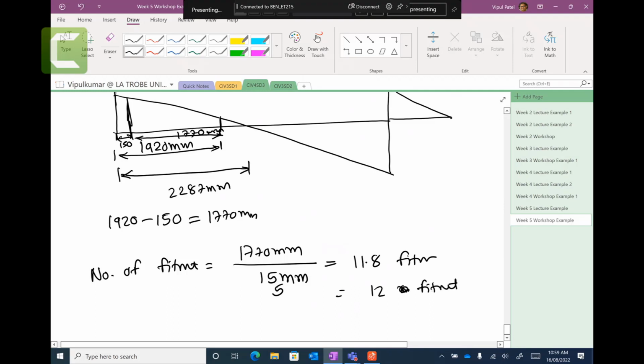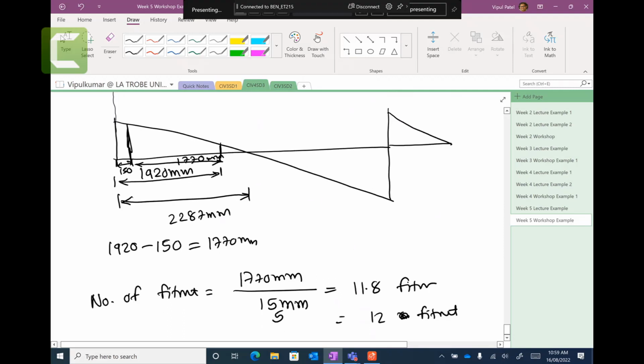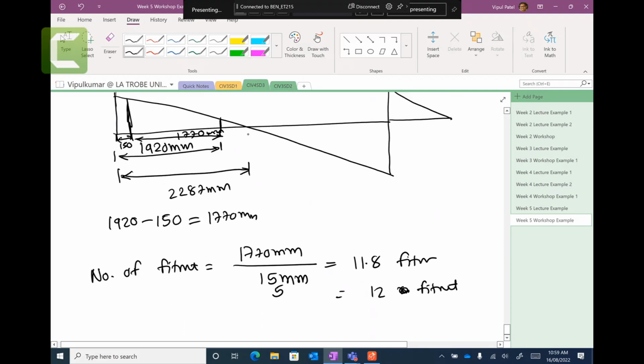So almost 12 fitments that you can provide in this zone. And from here to here, how many millimeters are left? 2287 take away 1920 is 36 millimeters. So it should be okay. I think we can provide 12 fitments in this zone.